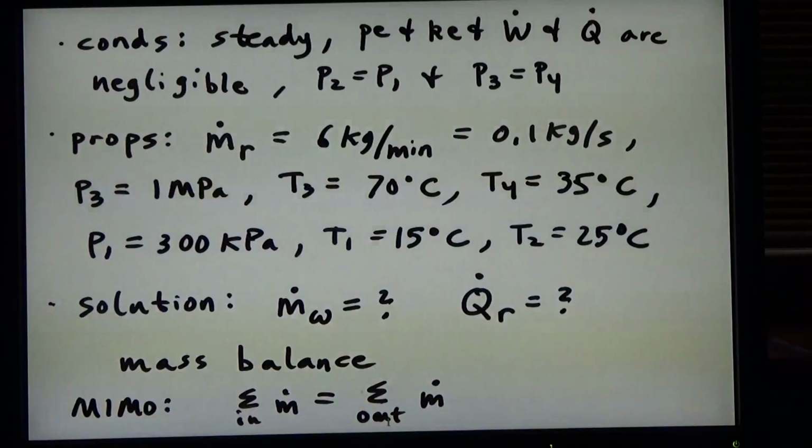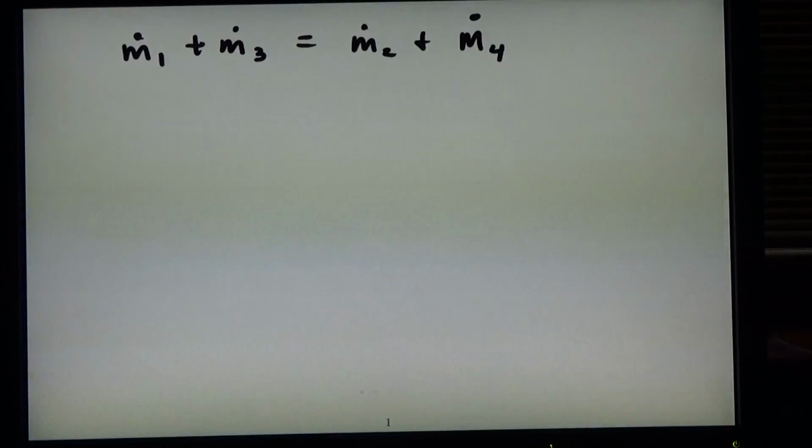So we have two inlets, m dot 1 and m dot 3, two exits, m dot 2 and m dot 4. That's our mass balance. Can't really do much with it yet.